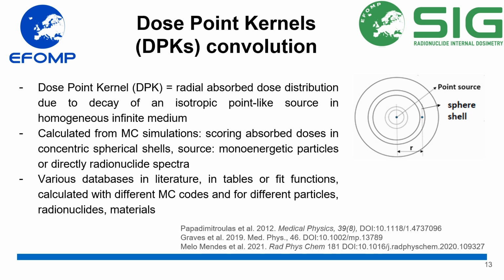Dose-point kernels are calculated with Monte Carlo simulations by scoring the absorbed dose in concentric spherical shells, setting as a radiation source monoenergetic particles or directly radionuclide spectra emitting from the central point. Many dose-point kernel databases are available in literature, like the ones reported in the references.